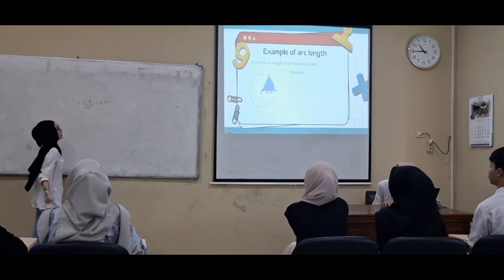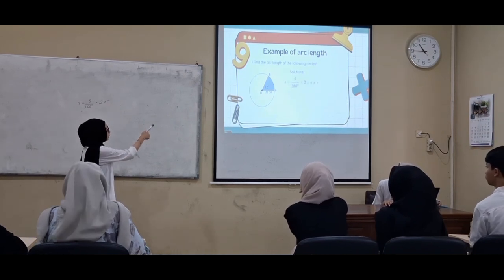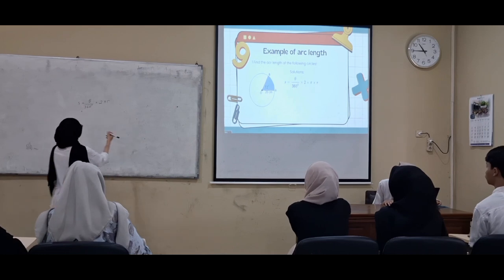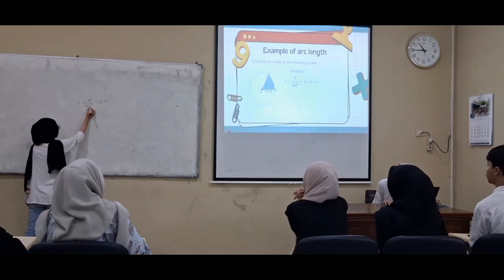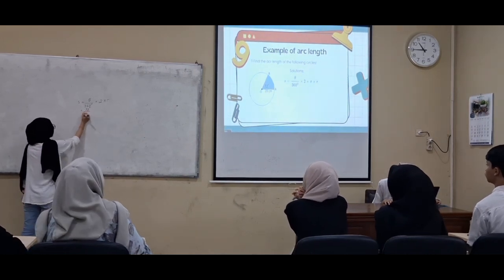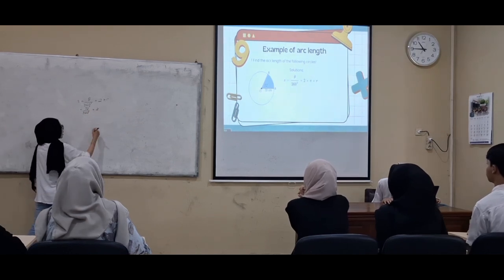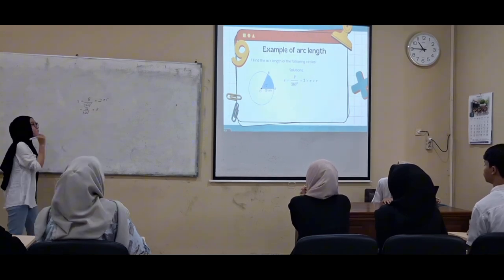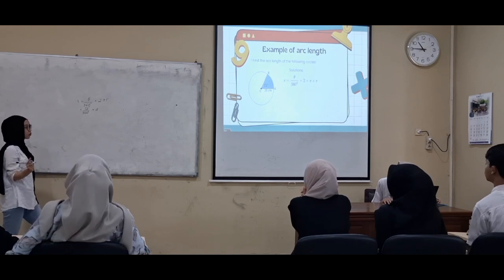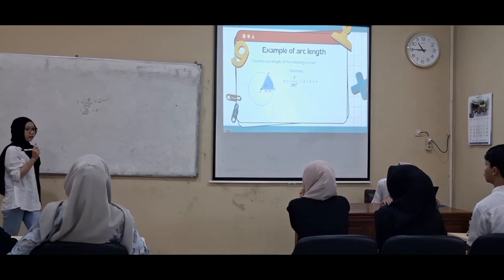And then in the picture, theta is 72 degrees, so 72 degrees over 360 degrees times 2 times pi. Use 3.14 or 22 over 7.